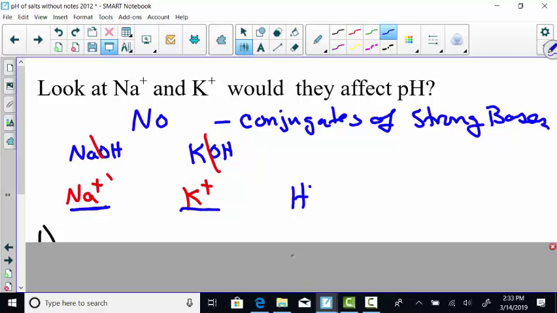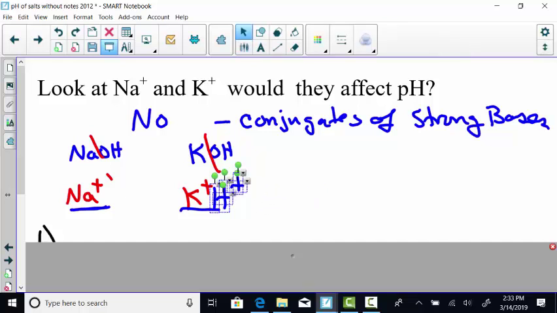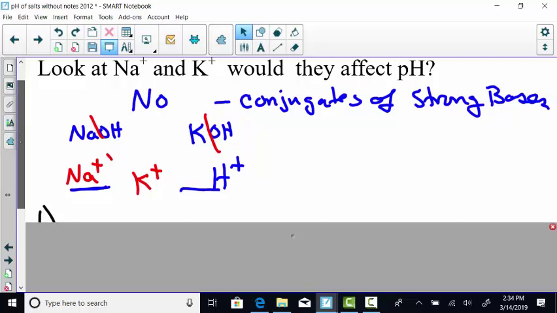So they would have no reason to attract a positively charged hydrogen. In fact, they would repel it. Okay? If this hydrogen came up close to this, they don't have any reason to be together, so they would just be repelled apart. Okay? So, basically, positive ions have absolutely no reason to attract a hydrogen.